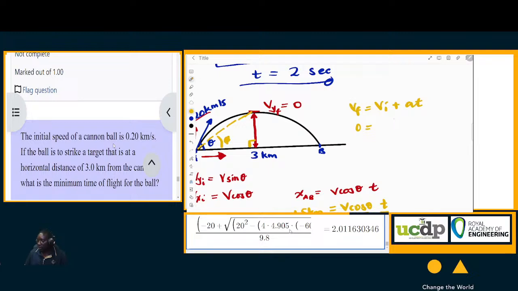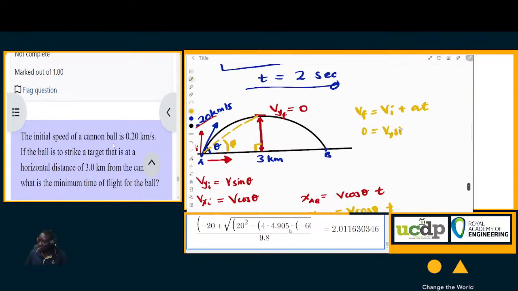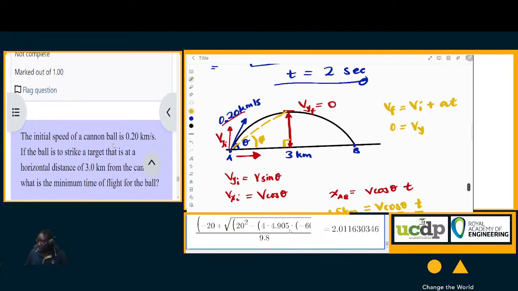V initial is our Vy, and we said Vy is V sine theta. So it's just Vy initial, which is V sine theta.